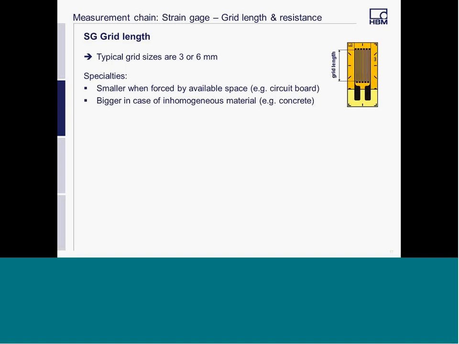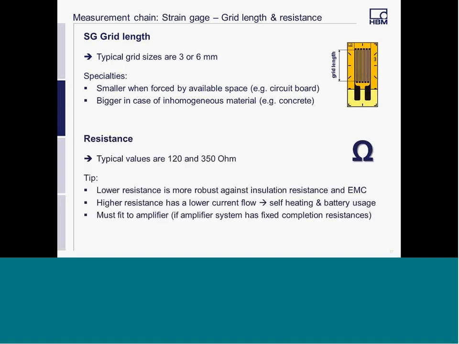So we have found the right gauge with the right length. The next question will be the resistance. Typical values are 120 and 350 ohms. There are also some gauges available with 700 or 1000 ohms, but 95% are from these gauges.